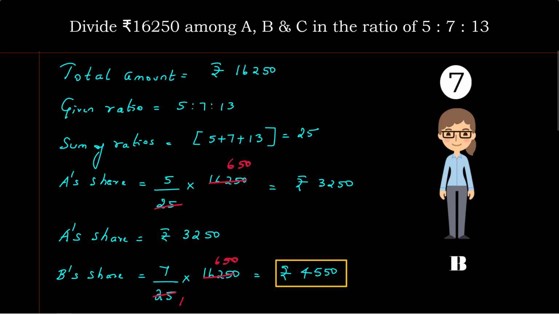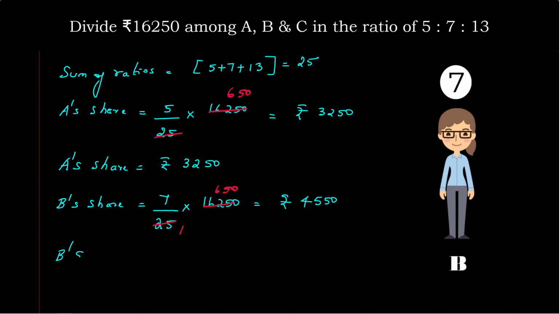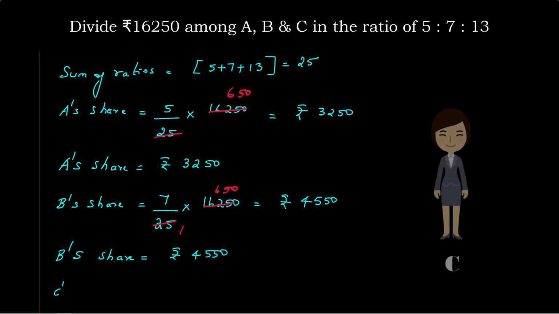4,550. Rupee symbol is very important. Please use the symbol in every step. B's share is equal to rupees 4,550. Now let's calculate C's share. The ratio corresponding to C is 13 divided by the total ratio, sum of ratio, which is 25 into 16,250.